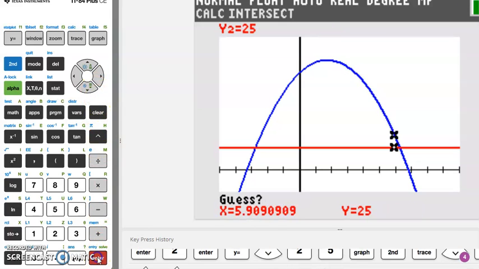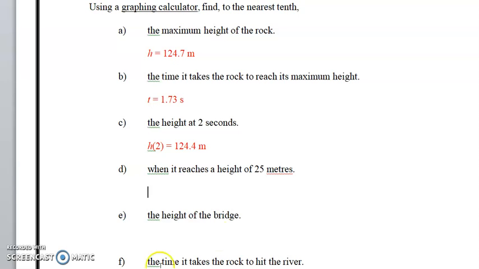Enter, hit enter again, and enter for a third time. So when the height is 25 on the way down, the time is 6.25 seconds. So the time, it's asking time, when it means time. Time is equal to 6.25 seconds, lowercase t.